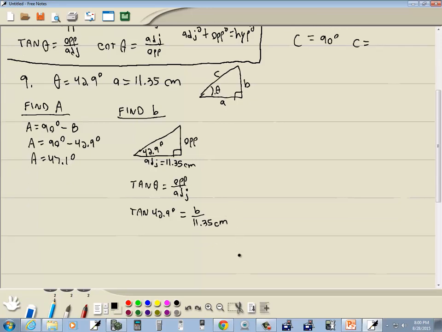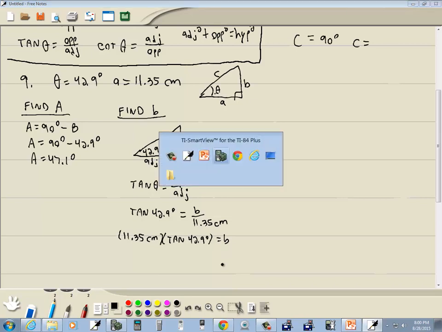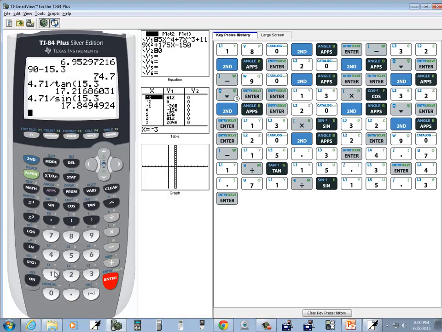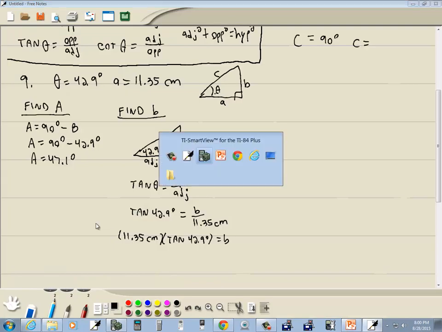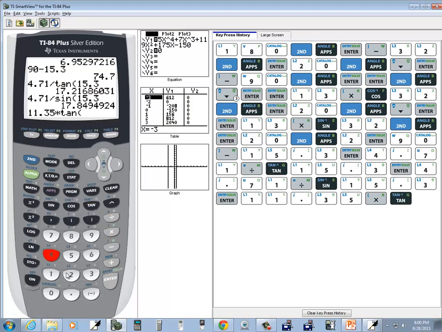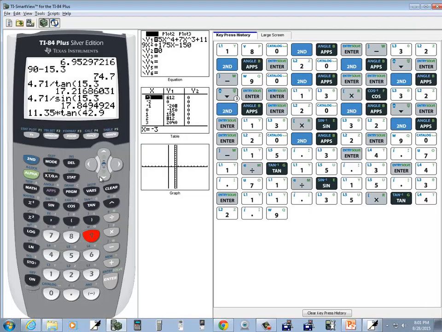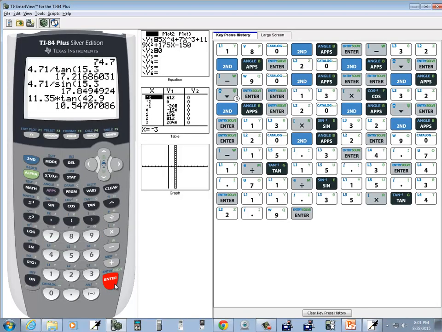Now we're trying to solve for b, so we're going to multiply both sides by 11.35. So take 11.35 centimeters times tangent 42.9 degrees, and that's going to equal b. So 11.35 times tangent 42.9, and it is in degrees, so we're fine there, and I'll press enter.